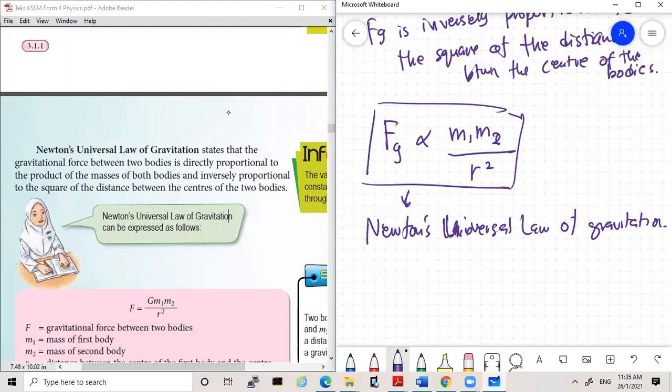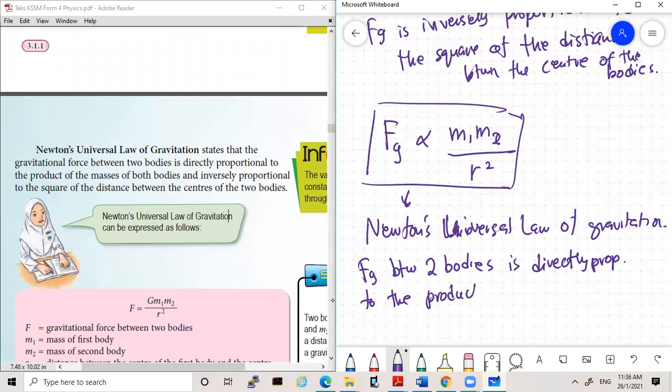Newton's universal law of gravitation states that the gravitational force Fg between two bodies, body 1 and body 2, is directly proportional to the product of the masses of both bodies.